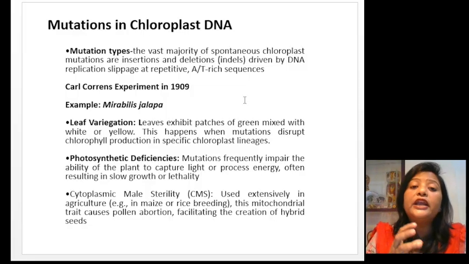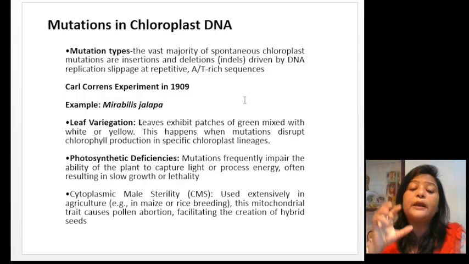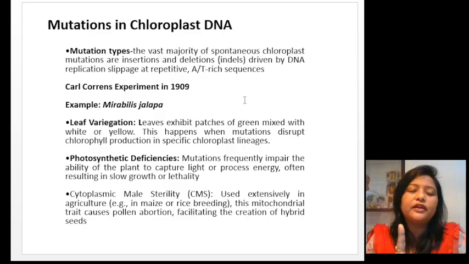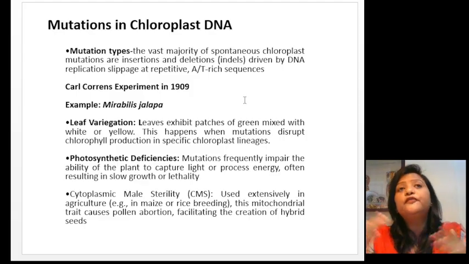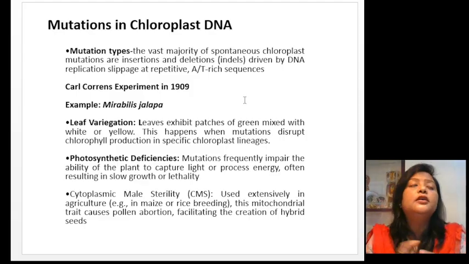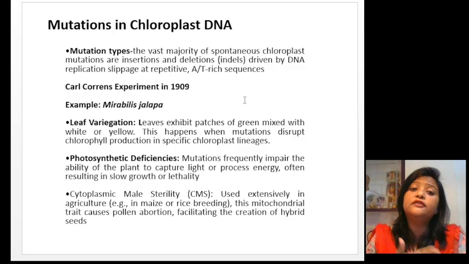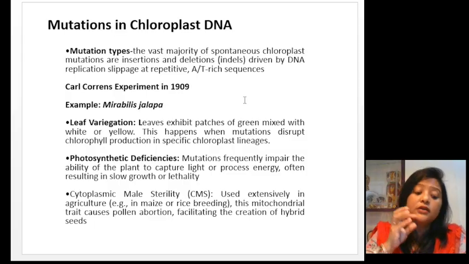If they cannot capture those photons, if the chlorophyll, chlorophyll A and chlorophyll B, is affected, there are many mechanisms, photosystem 1, photosystem 2, which is a different part that comes in photosynthesis. What I'm trying to tell you is that if there's a mutation in chlorophyll, it will not be able to capture that light energy.